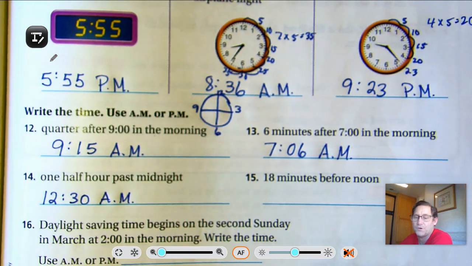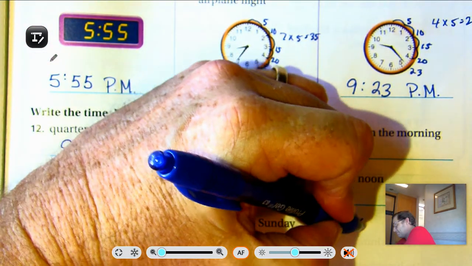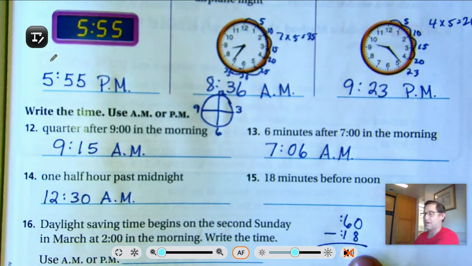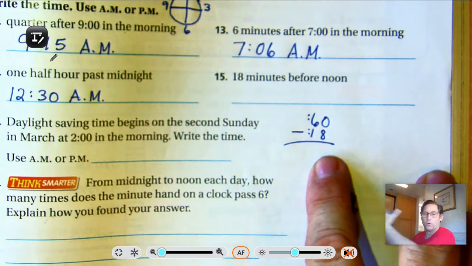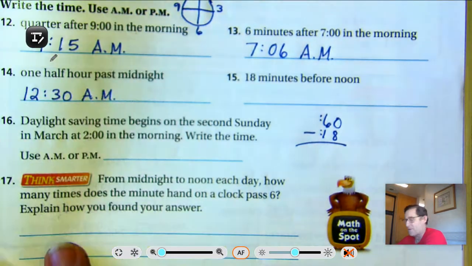18 minutes before noon. Okay. So, as we said, there's 60 minutes in an hour. And we're going to stop 18 minutes before noon, or before the next hour. So how many minutes have passed?